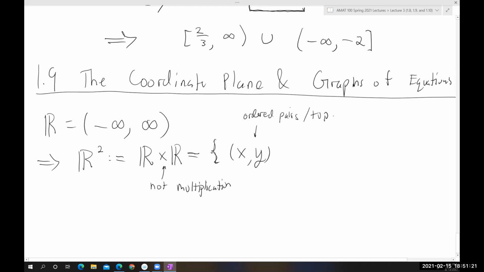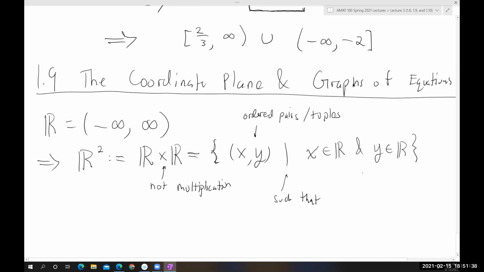We also call them tuples. Such that, remember, this bar right here means such that, x is a real number and y is a real number.